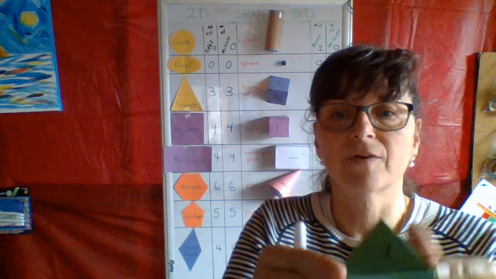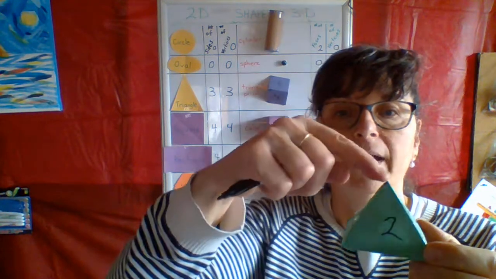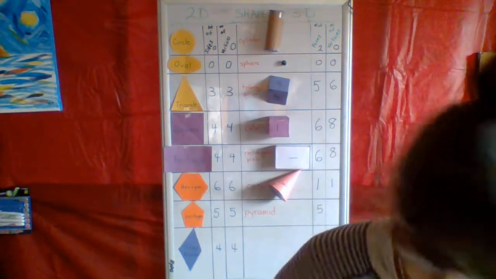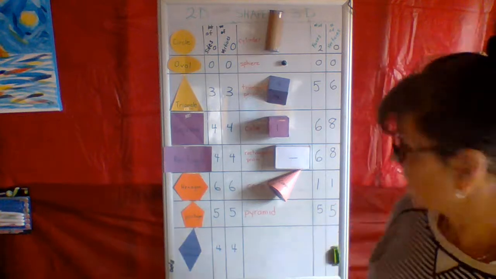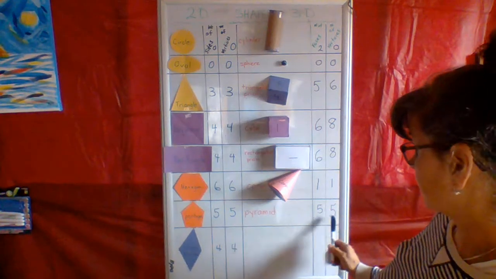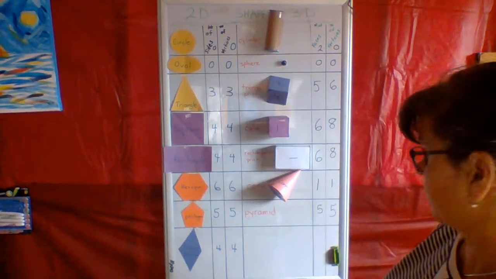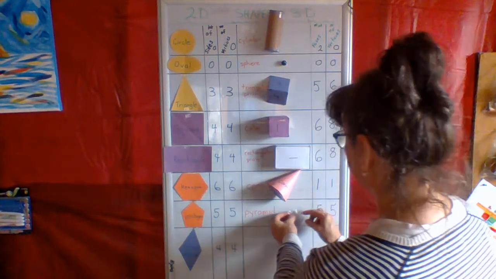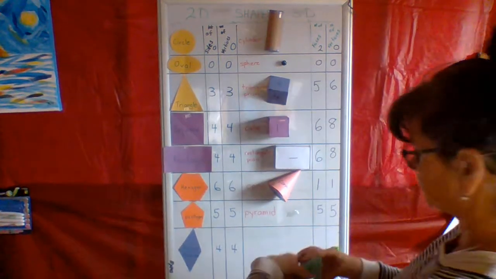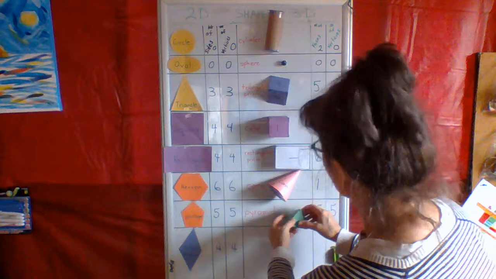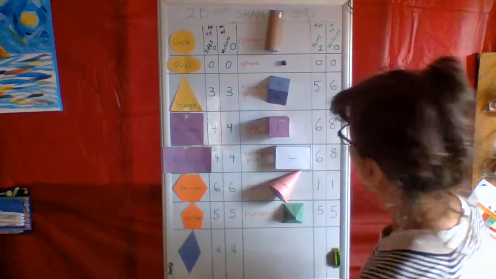So we have 2 in the front, 2 in the back, so 2, 4, and 1 on top makes 5. Fantastic. So a pyramid has equal faces and vertices. And I think the cone also has equal faces and vertices. That'll be best to put there.